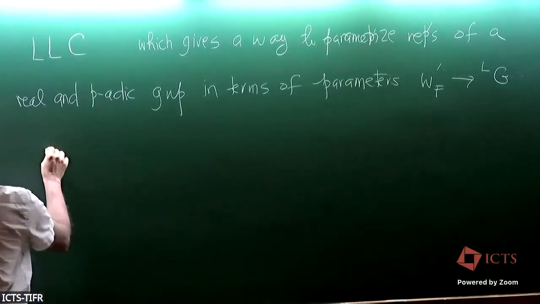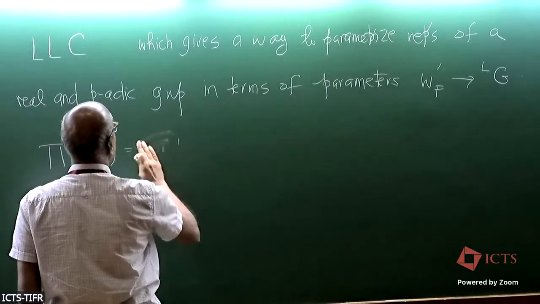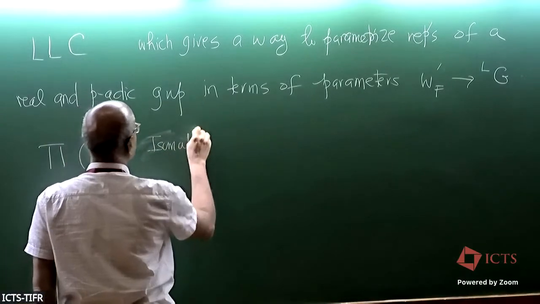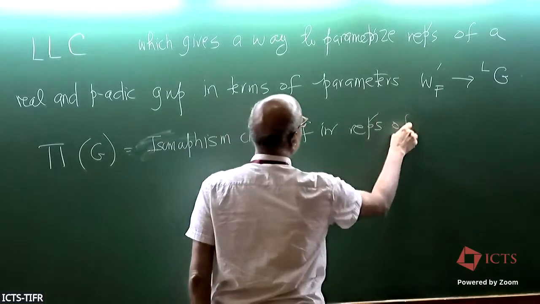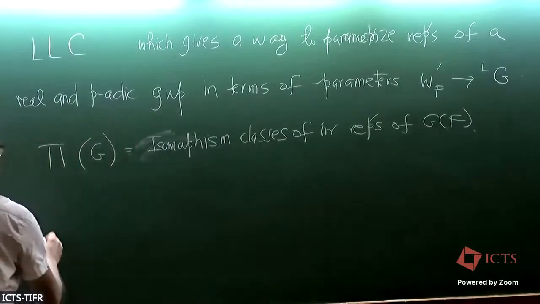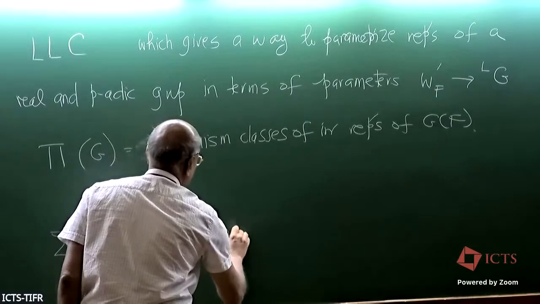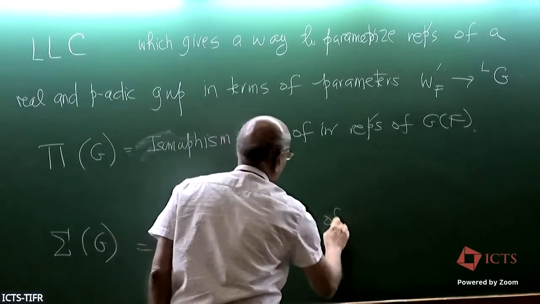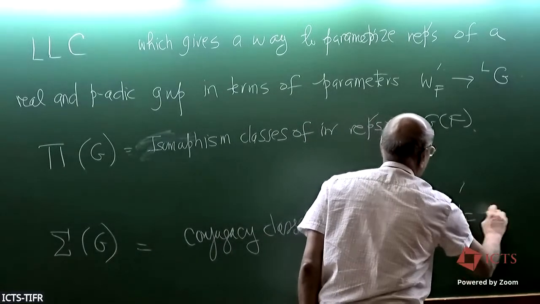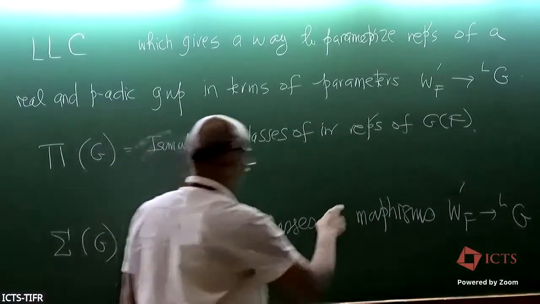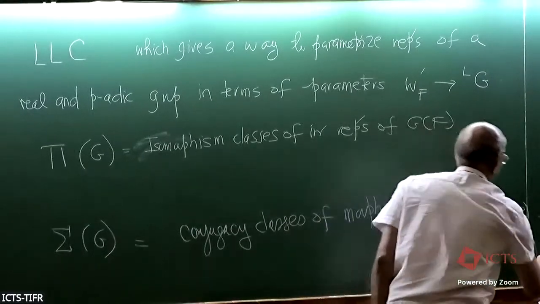So I introduced this notation Pi G, the set of isomorphism classes of irreducible representations of G(F), and there was this Sigma G, conjugacy classes of morphisms from W prime F to the L group, which is the same as what is called the dual group G hat C, semi-direct product with WF.